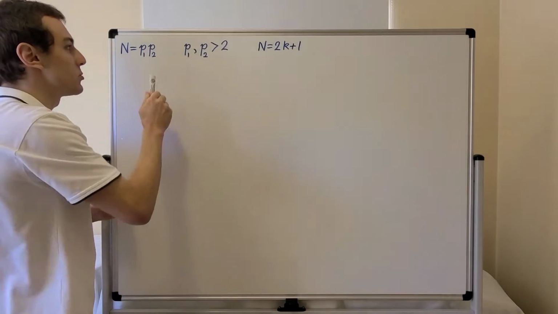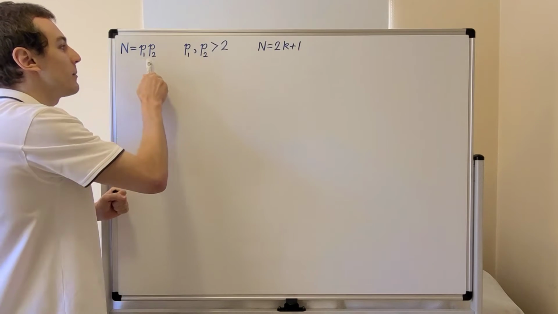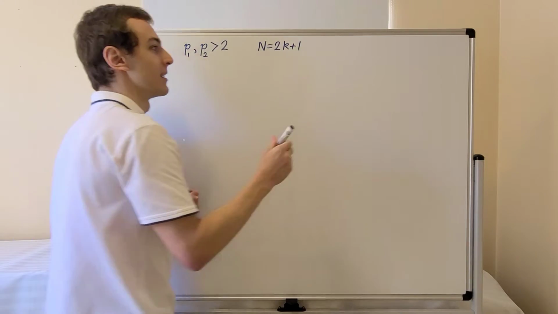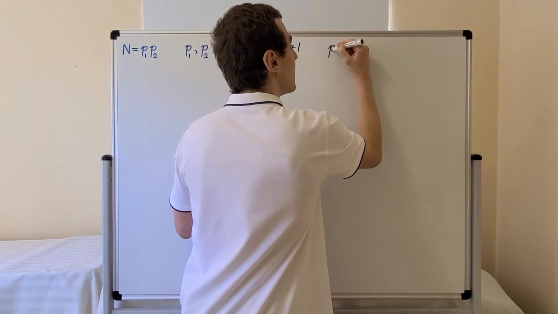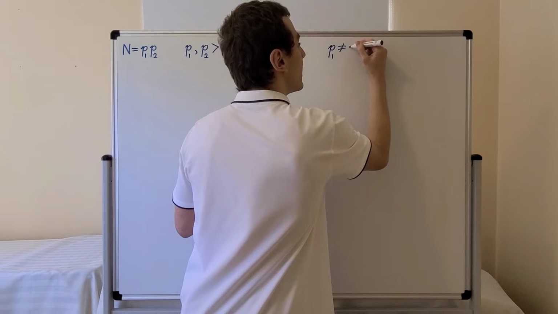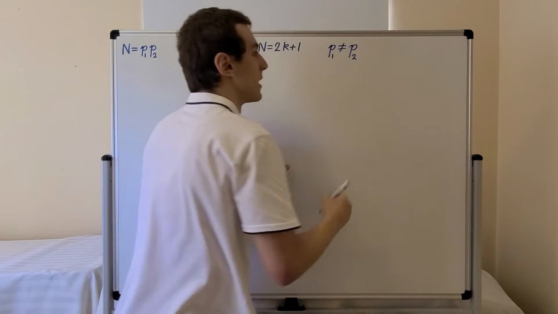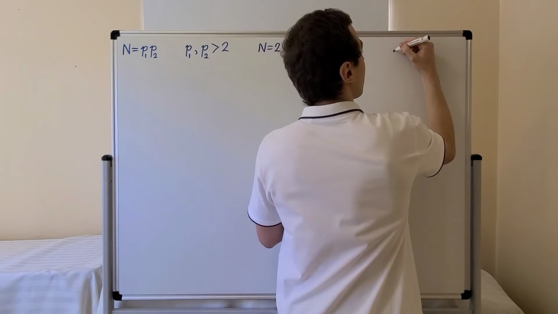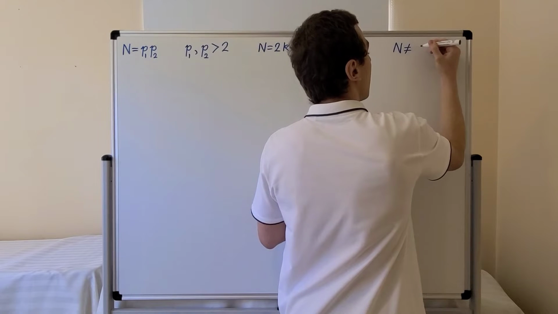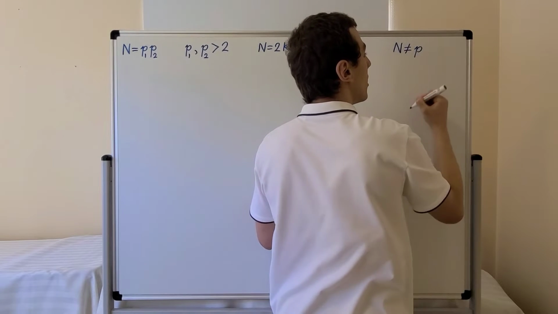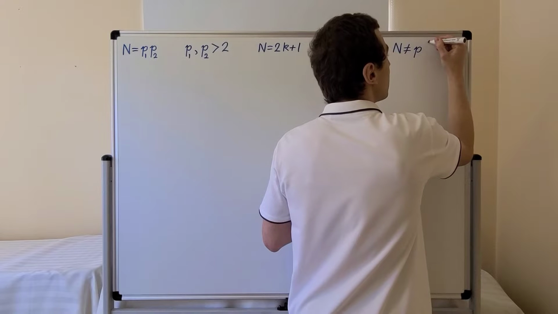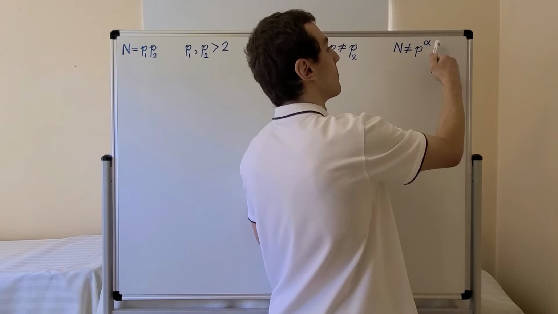So this tells us that we're dealing with an odd number. Another property that we're interested in is that these prime numbers have to be distinct. So that means P1 does not equal P2. So N cannot be expressed as a single prime number raised to some positive integer exponent alpha.